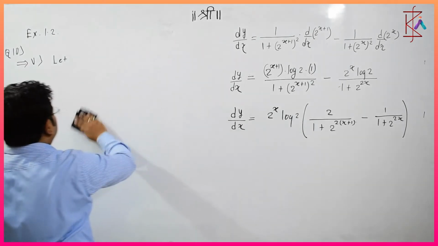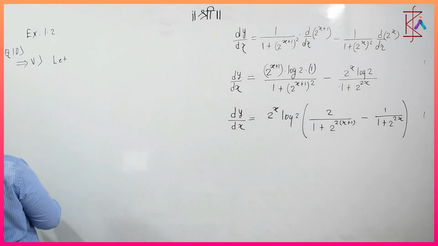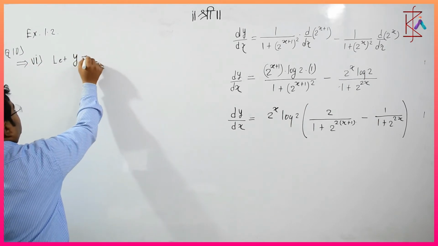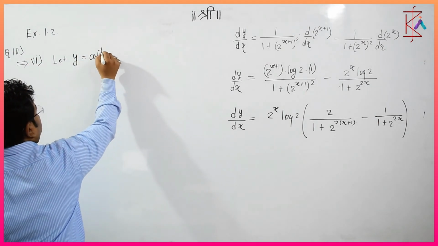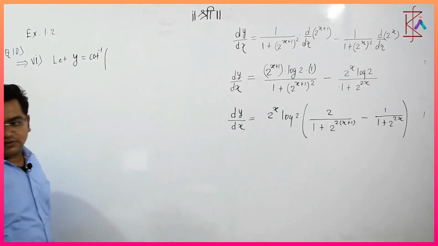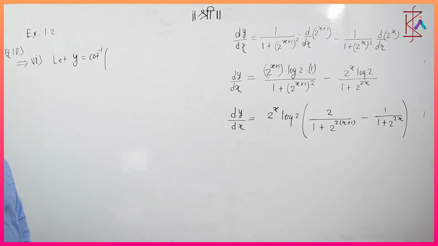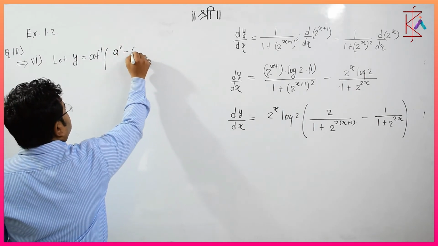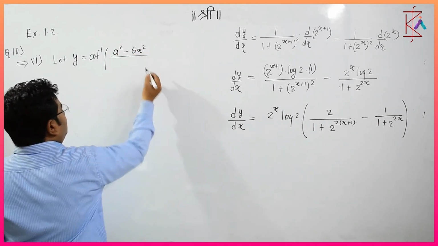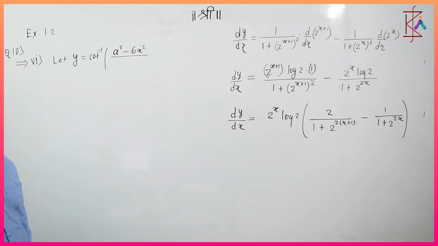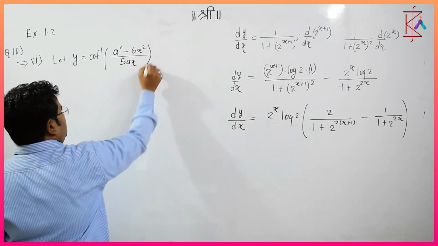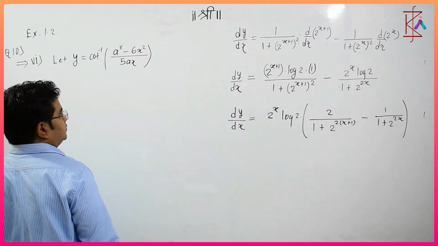Now what is our next question? Question number 6. Question number 6 is regarding cot. So y is equal to cot inverse. Okay, don't be afraid, this is an easy question. So (a square minus 6x square) divided by 5ax. Now what is our next step?